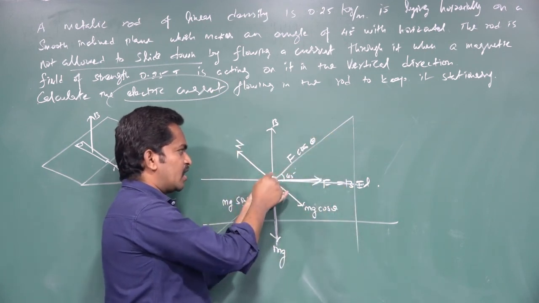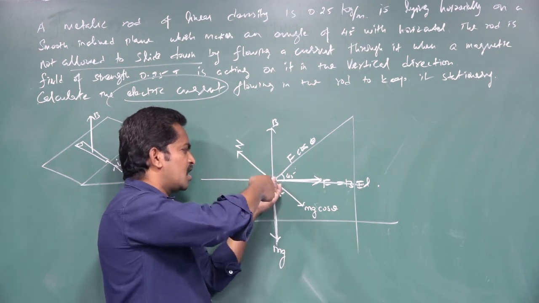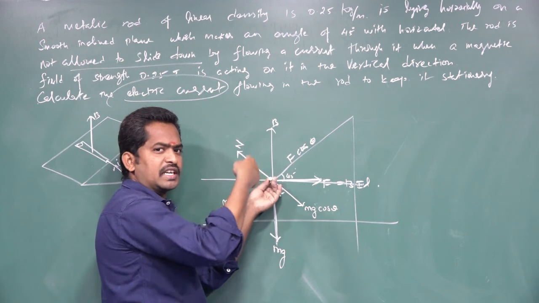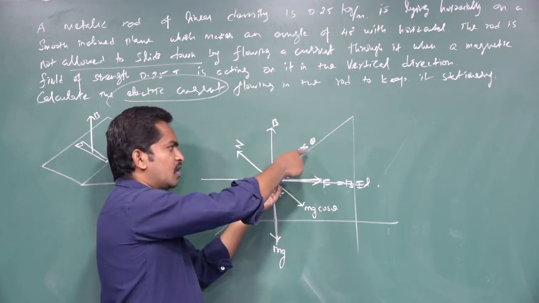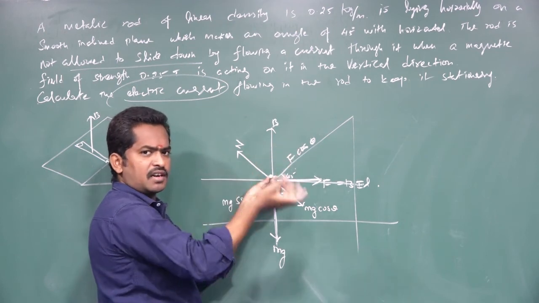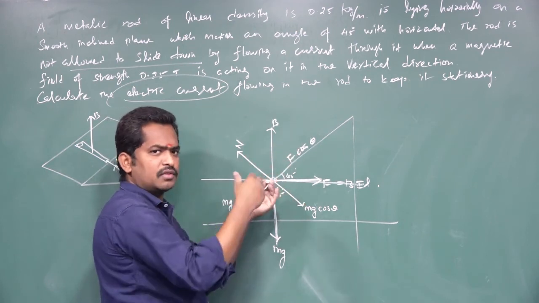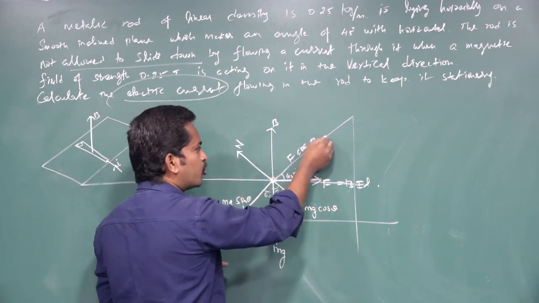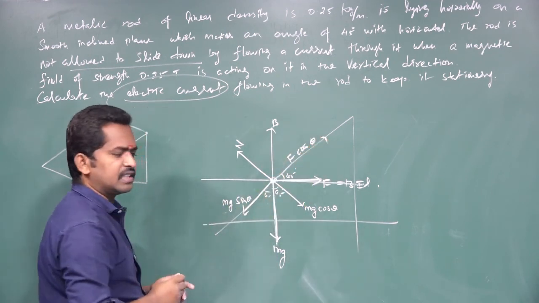See, the F sin theta component acts along the direction of the current carrying conductor, so the theta value is 0. That F sin theta component has no effect on the conductor. So F cos theta acts in this direction, which is opposite to the direction of mg sin theta.